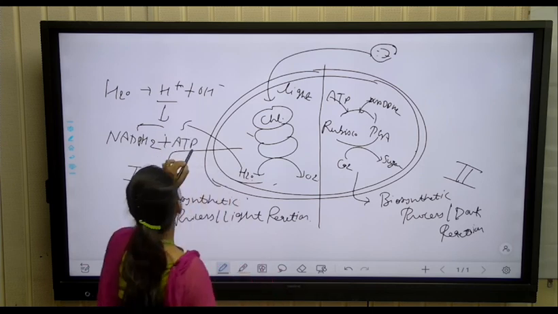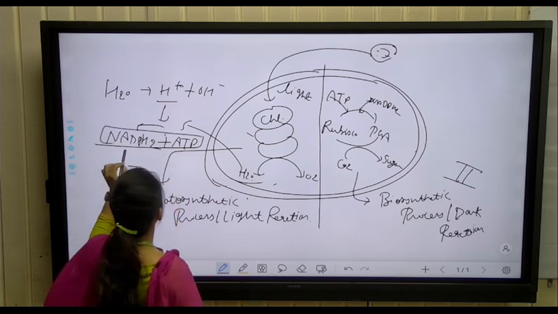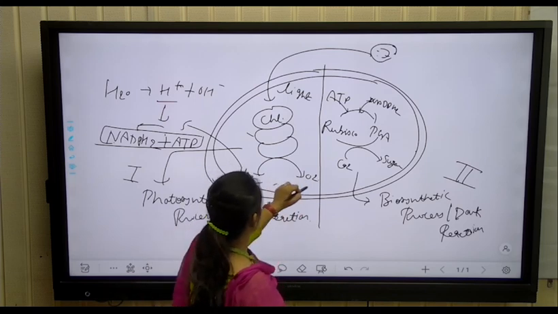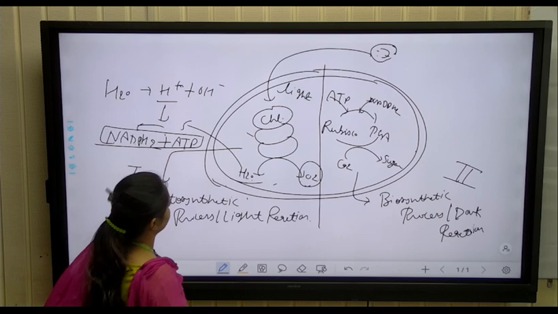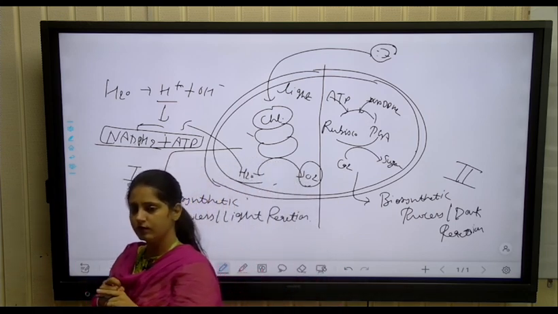So, these products are generated in the first reaction, that is the light reaction: first is oxygen and the second is NADPH2 and energy. These three things are generated during the light reaction.